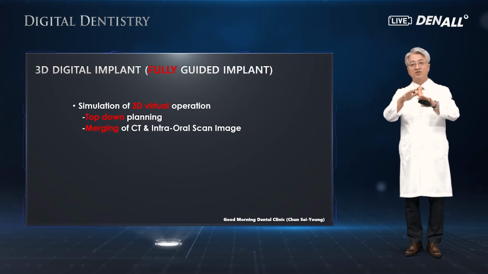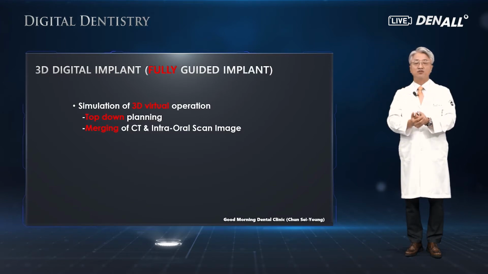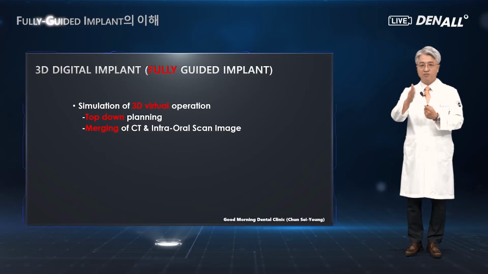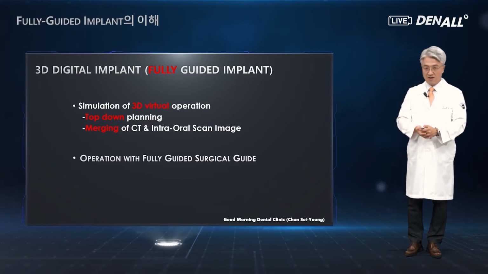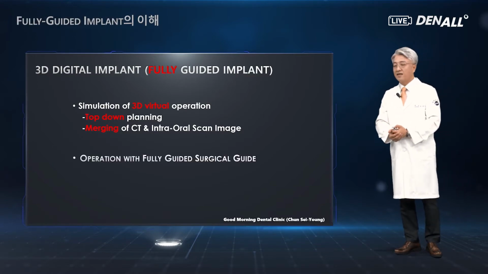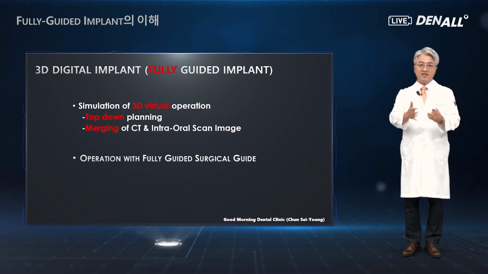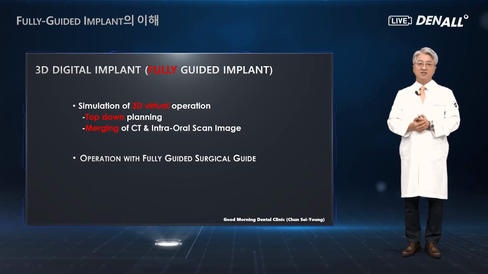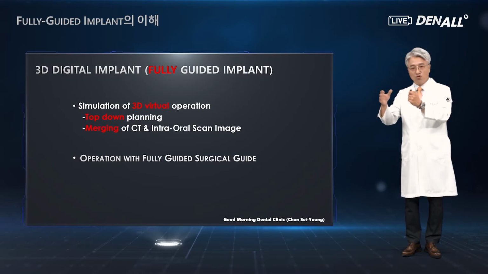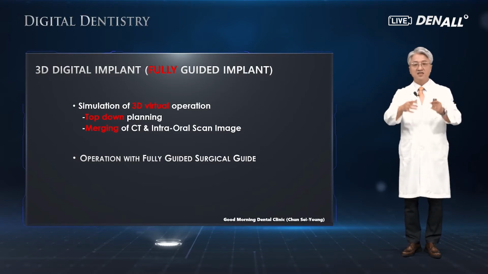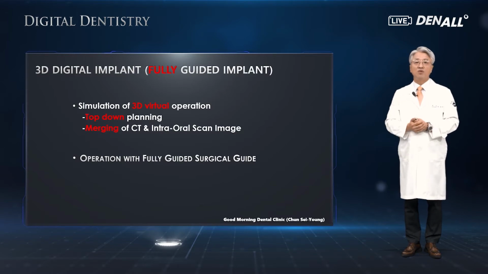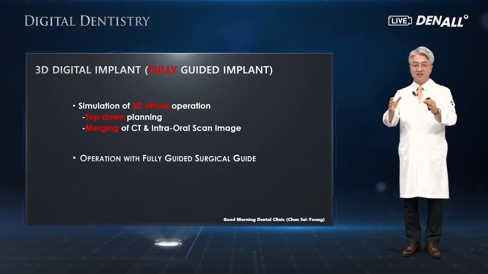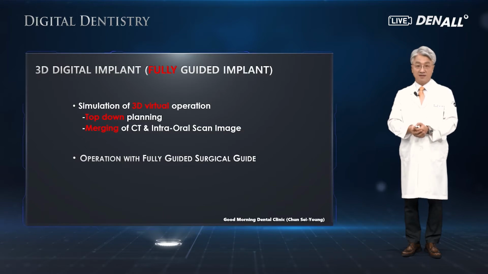All data, including soft tissue and hard tissue, are merged to design the prosthesis. Based on such precise merging technology, planning simulation is done. Next, using the well-planned implant positions to place implants precisely in a patient, precise guide and drill system should be very precise as well. Such precise system is required.